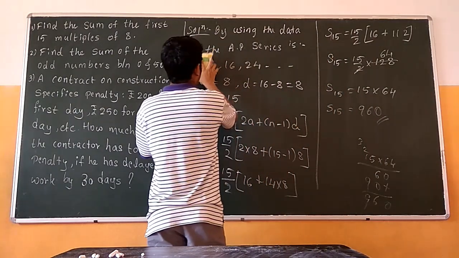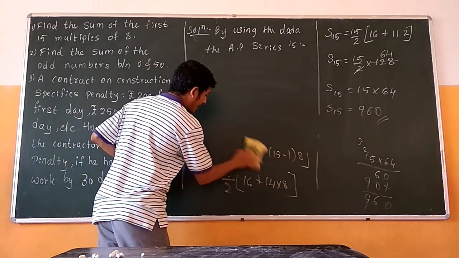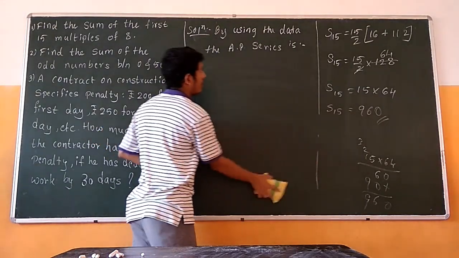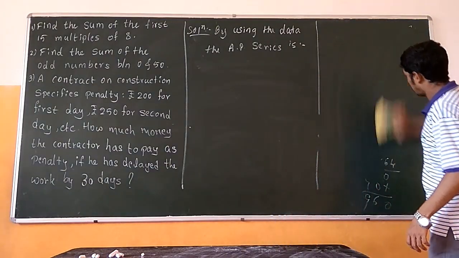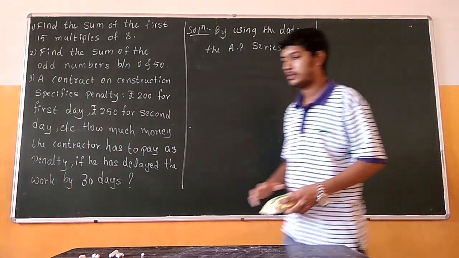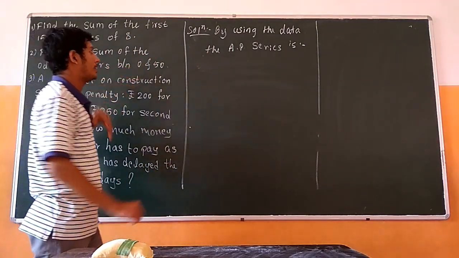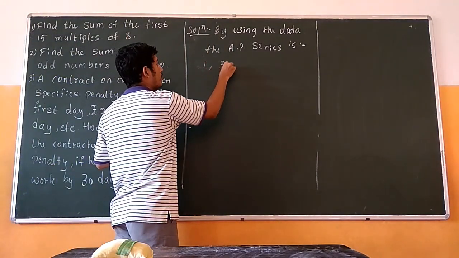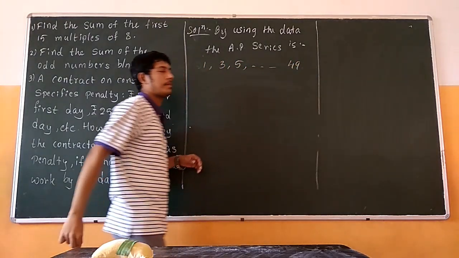So first, by using the given data, the arithmetic progression series becomes 1, 3, 5, and so on up to 49.